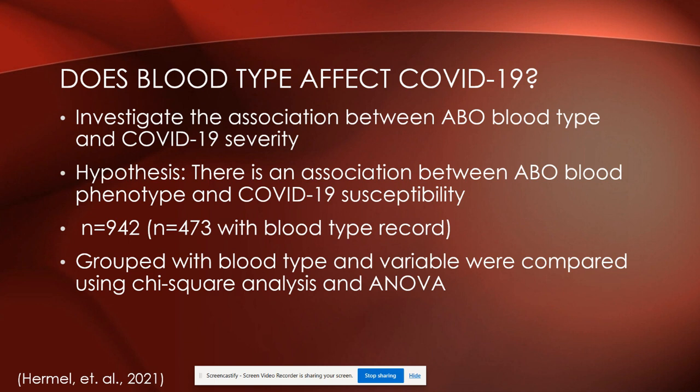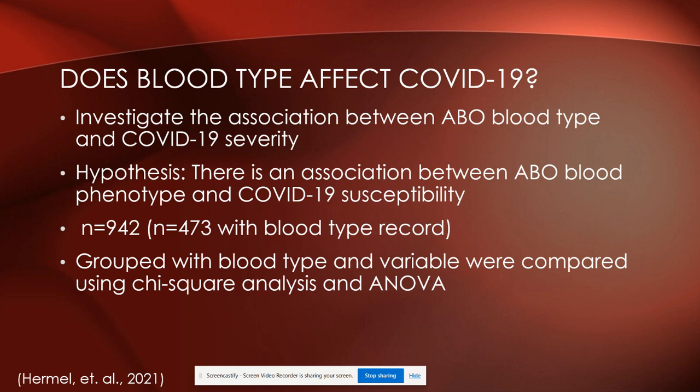And so they reviewed 942 patients. That's what this N equals 942 references, in the San Diego County, between 5 Scripps hospitals. However, only 473 had available blood types, so this is what became our sample size overall. And so, they wanted to determine if there is a link between ABO blood type and disease severity.